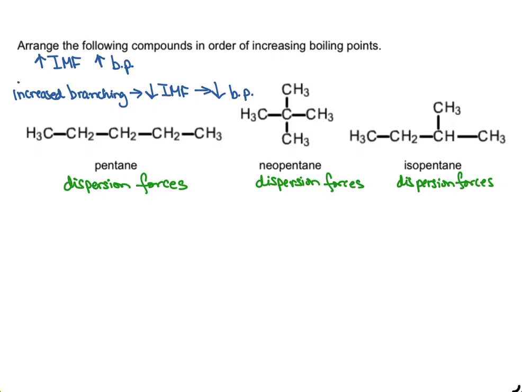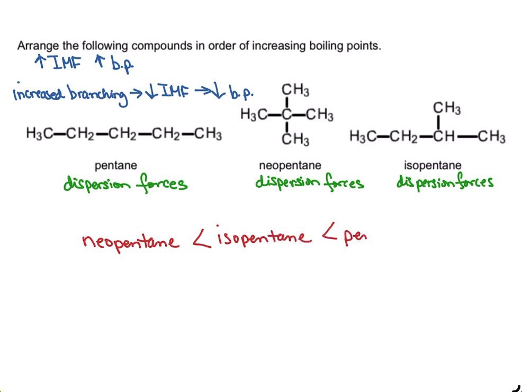So let's take a look at all three molecules. And increased branching means it has the lowest boiling point. So the one that has the increased branching is neopentane. So that should have the lowest boiling point. Then isopentane.